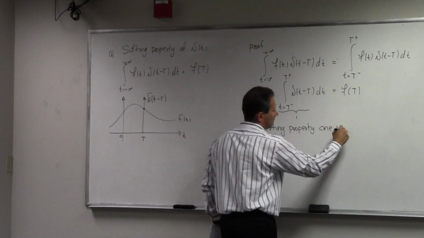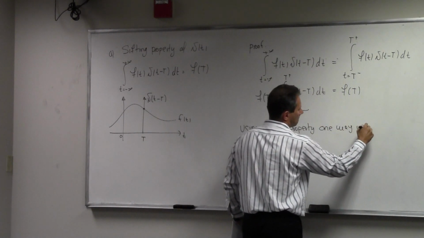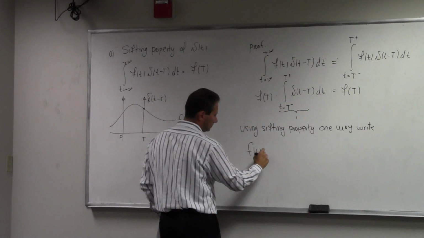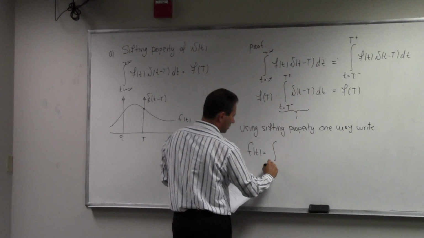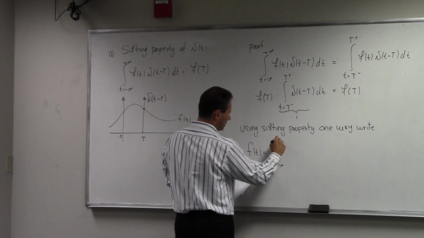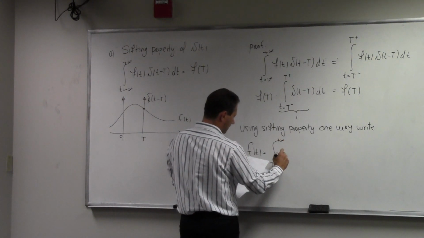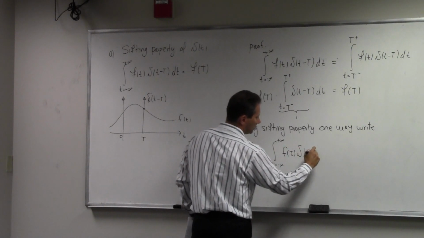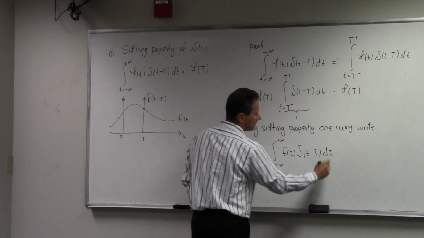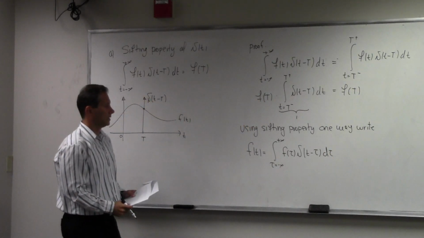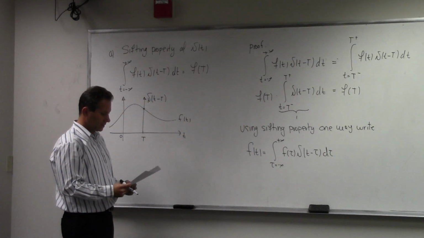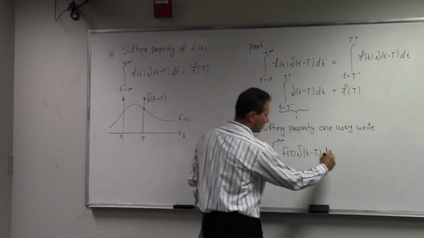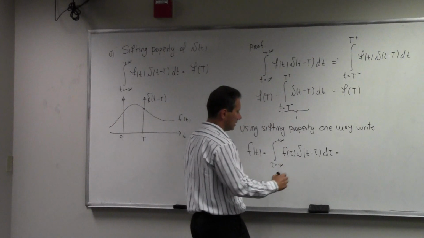One may write f of t is a sum when tau goes from minus infinity to plus infinity, f of tau delta of t minus tau d tau. Okay. So that's an interesting equation that we're going to utilize later.